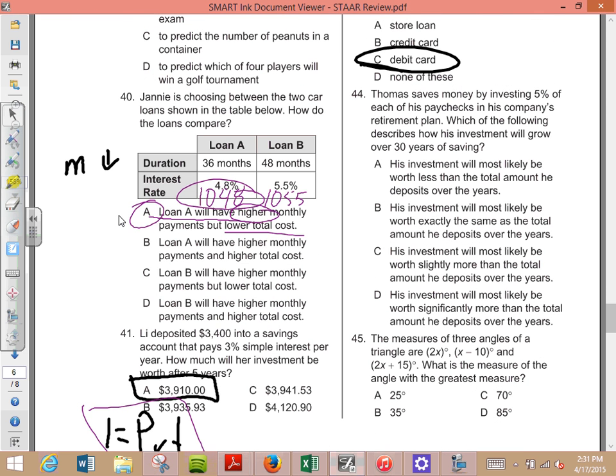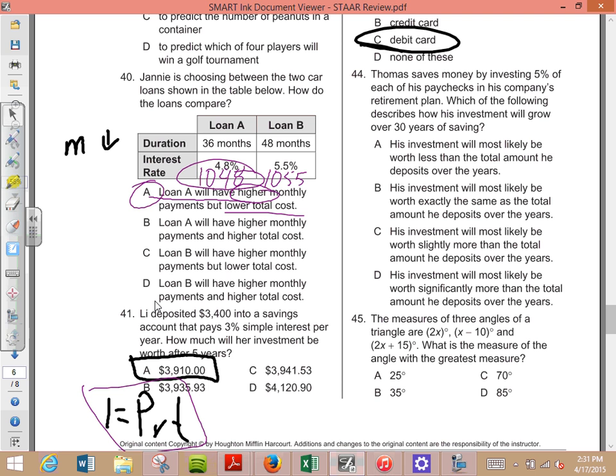Thomas saves money by investing 5% of each of his paychecks. Every time you invest money in a company, the idea is to make it grow. So your money has to grow. Now, this guy is going to save it for 30 years. Every time you have that and you don't have any numbers, come up with a number. I use 1,000 because it's easy to manipulate.